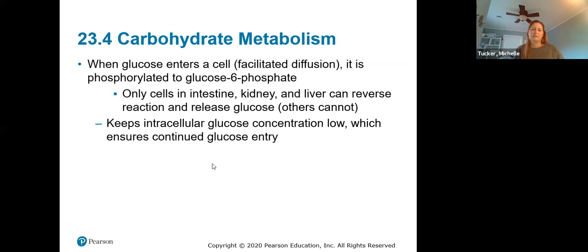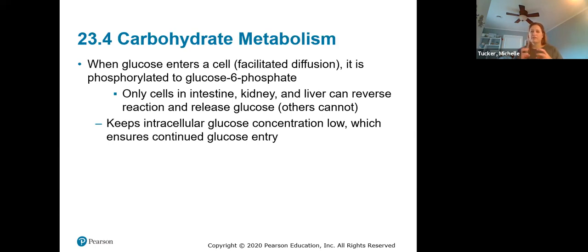So we broke the disaccharides into monosaccharides, transported them through the epithelium, and then galactose is going to get converted into glucose. So we mainly talk about glucose metabolism. Fructose also gets converted, although in a slightly more complicated way. But essentially, everything ends up as glucose.